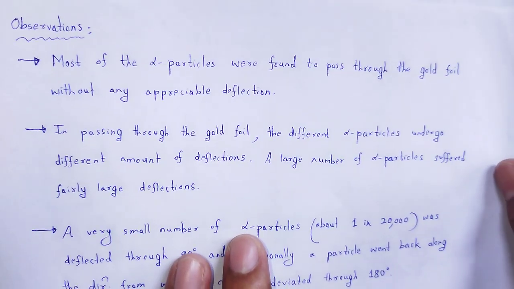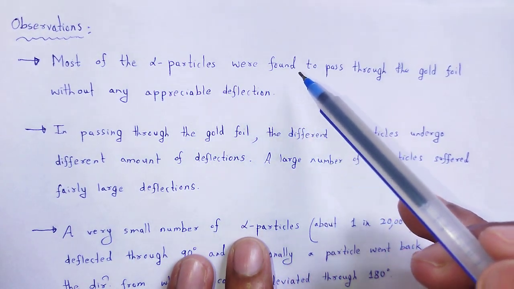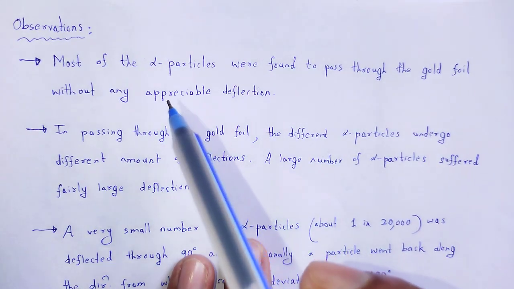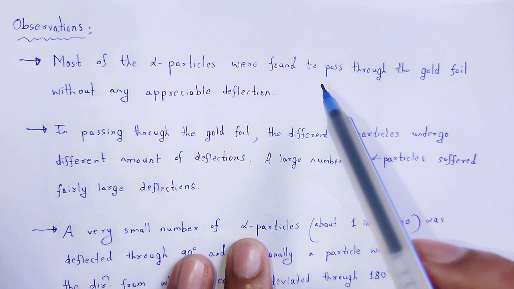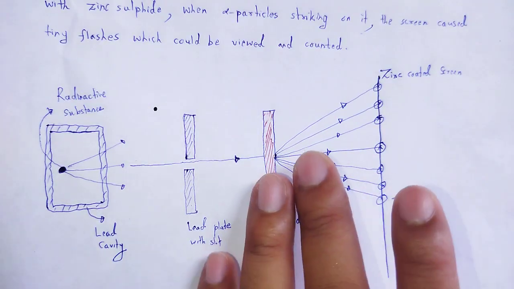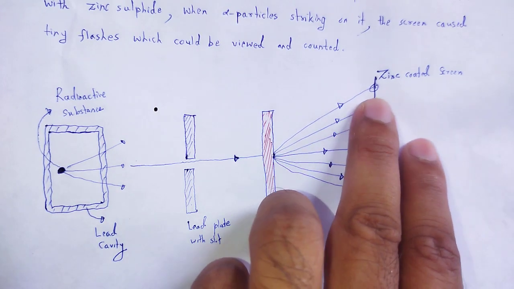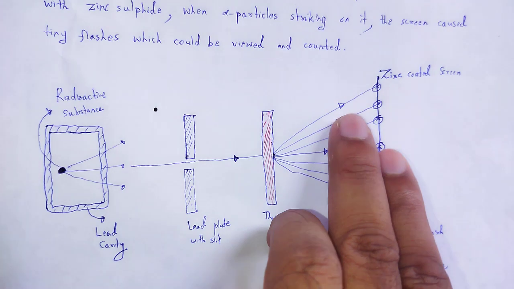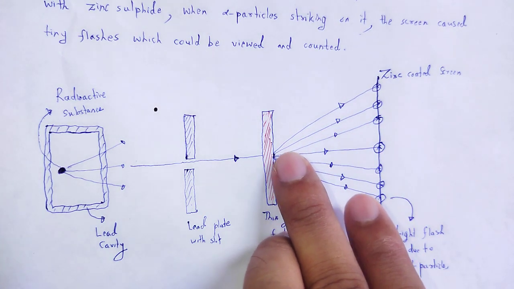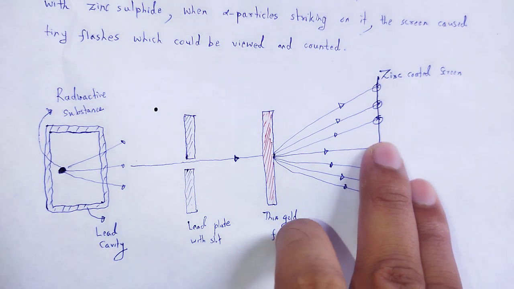He observed that most of the alpha particles were found to pass through the gold foil without any appreciable deflection. No deflection was noticed for most of the alpha particles, meaning no scattering.